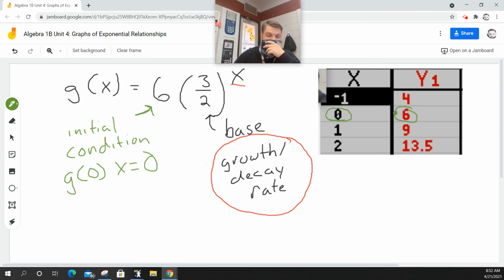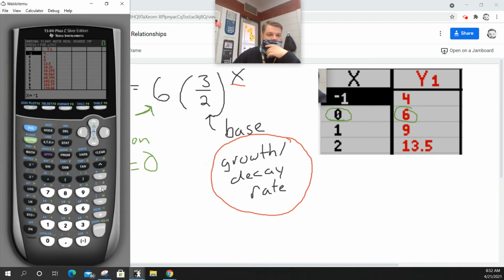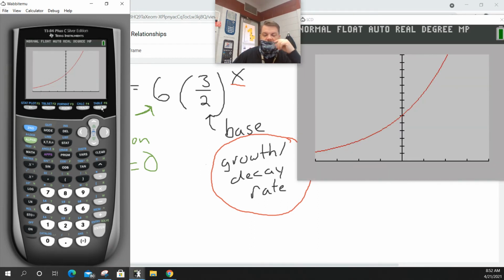Okay. Now, when we look at this graphically, I'm going to take a snapshot of the graph. So do me a favor. Pull your screen back up on your computer, go and hit graph, and let's take a look at the graph. See this button here that says trace? Trace lets me see spots on the graph.